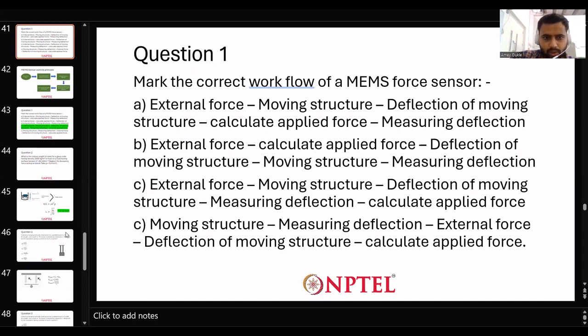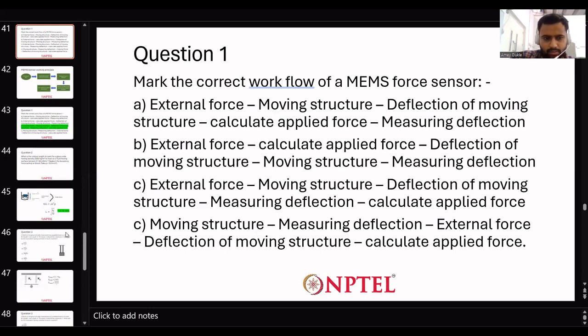In the first option, it is external force, the moving structure, deflection of moving structure, calculate applied force, measuring deflection. The second option says first external force, we calculate the applied force and deflection of moving structure, then the moving structure and the measuring of deflection.